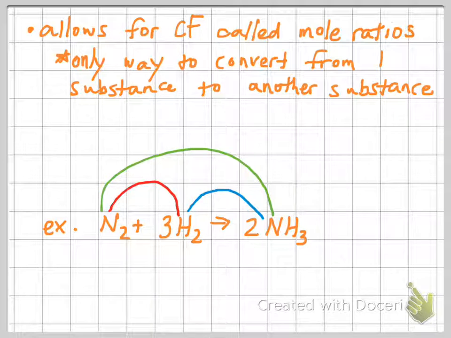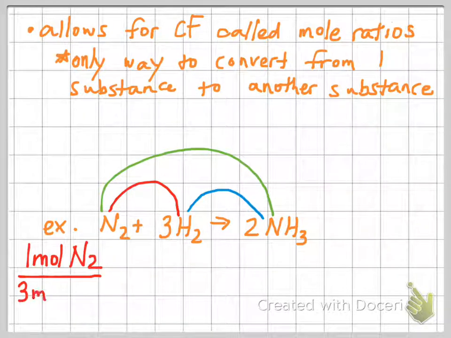So remember, when we're talking about interpreting our balanced equation in terms of moles, our coefficients tell us the relative numbers of moles. Okay, so that red mole ratio there is that I have 1 mole of nitrogen, because my coefficient on nitrogen is 1, to 3 moles of hydrogen, because my coefficient on hydrogen is 3.